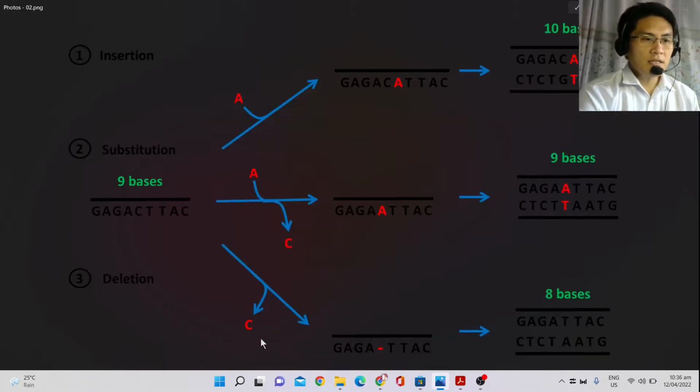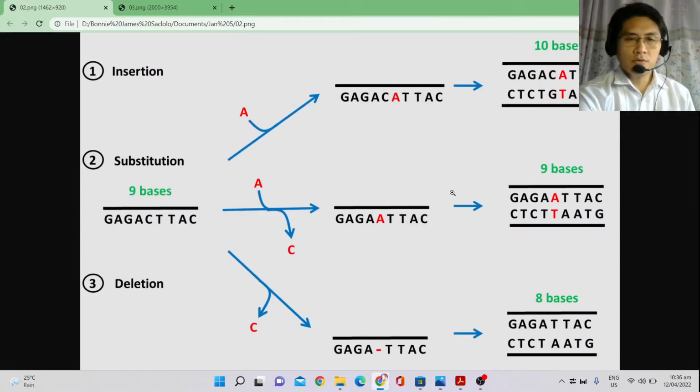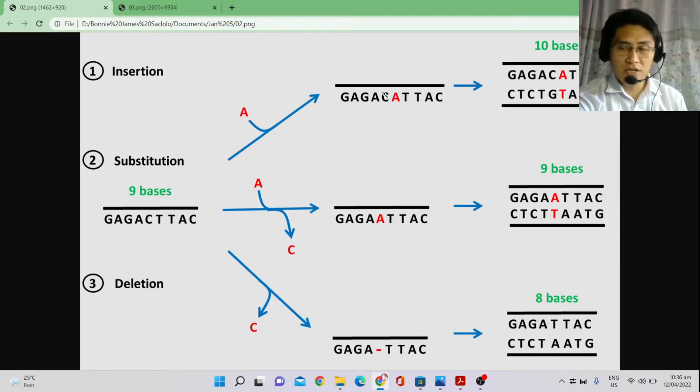Next I want to show you what mutations happen during replication or protein synthesis. So what happens is when you base pair, sometimes a letter is inserted. This is now on the level of a nucleotide basis.